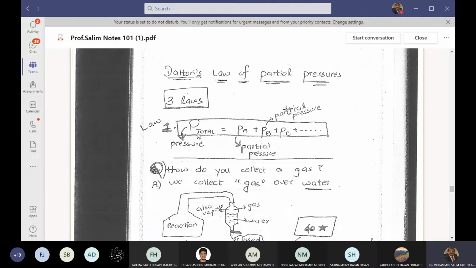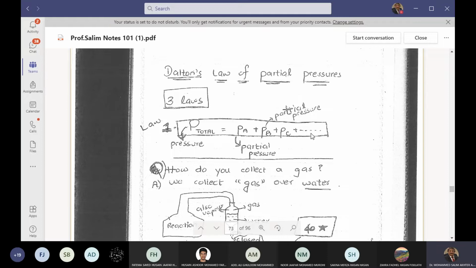According to Dalton's first law, the total pressure, 1 atm of air or anything else, is equal to the partial pressure of nitrogen plus the partial pressure of O2 plus the partial pressure of carbon dioxide plus the partial pressure of any other gas.